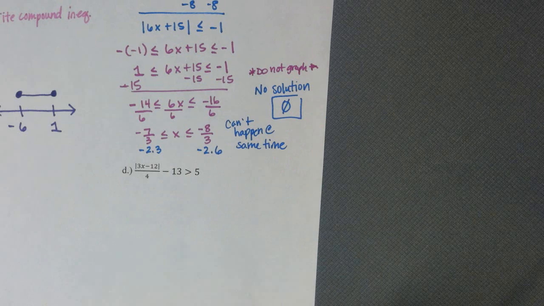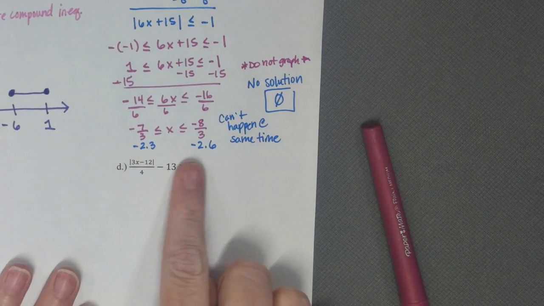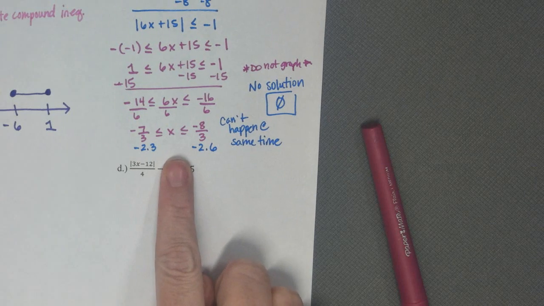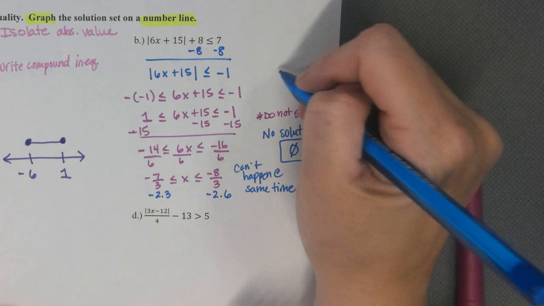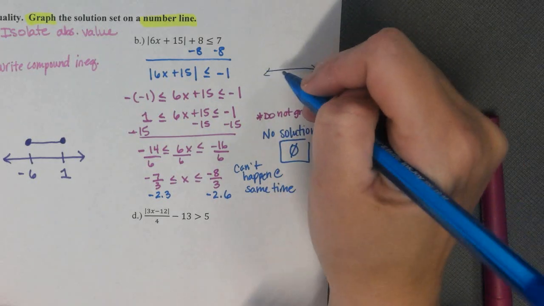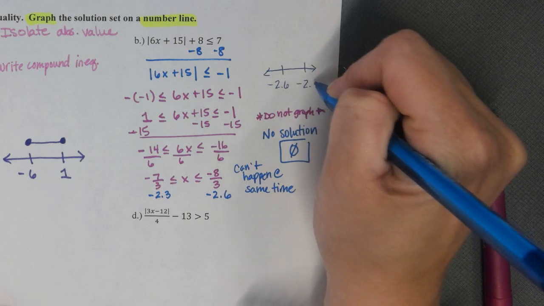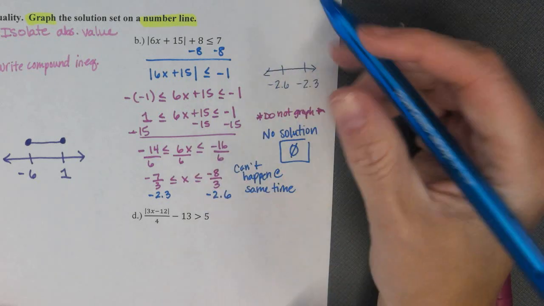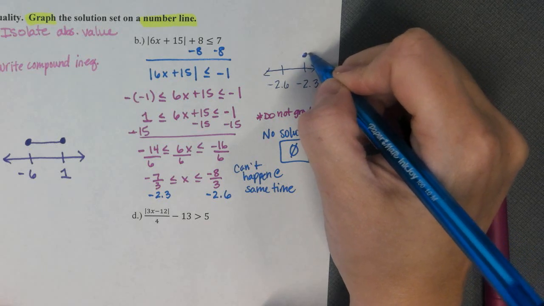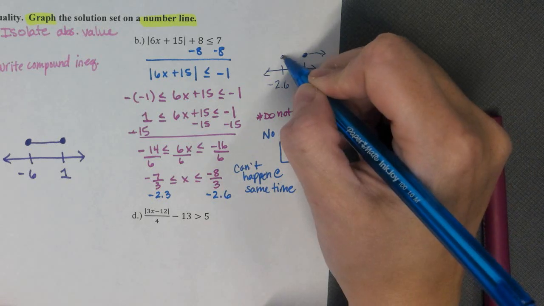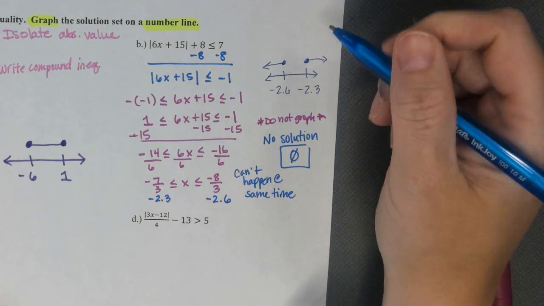So you don't have to graph if it's no solution, but if you don't realize at this point that that can't happen at the same time, and you did try to graph this, you have to put the -2.6 here, you have to put the -2.3 here, and x would be greater than or equal to the -2.3 and less than the -2.6.